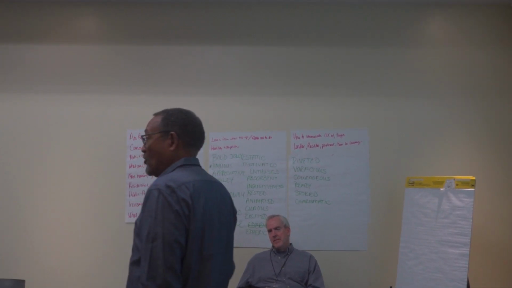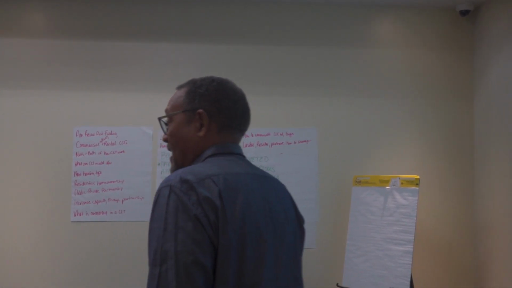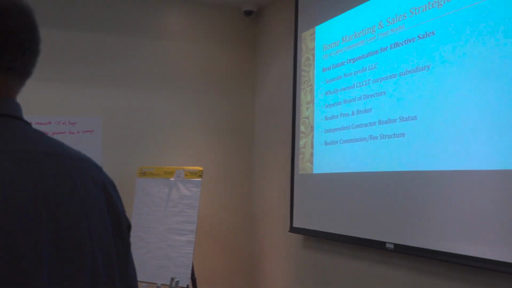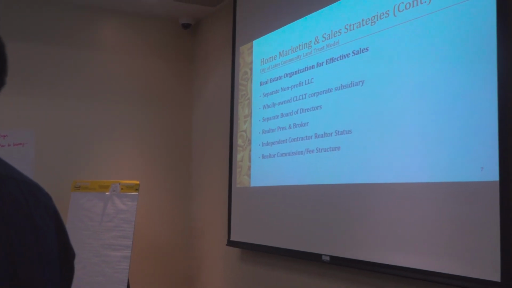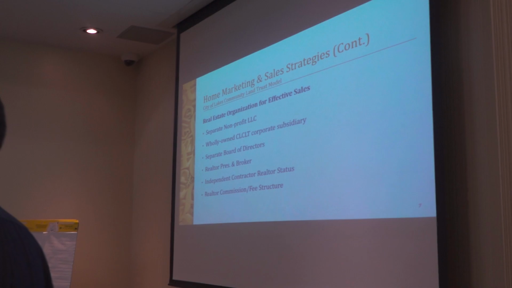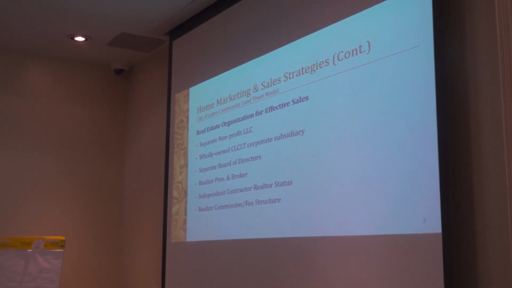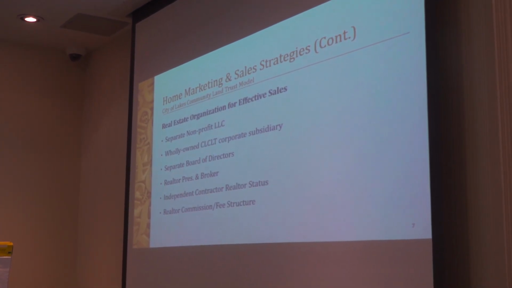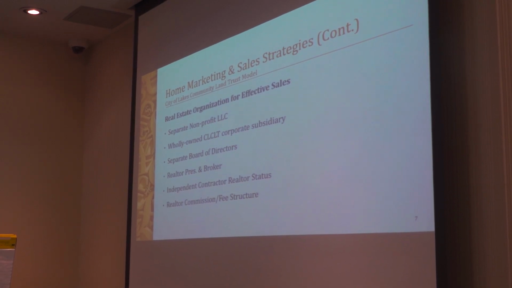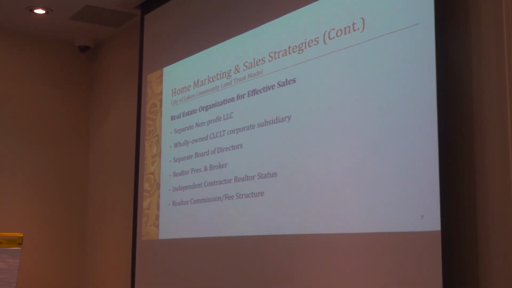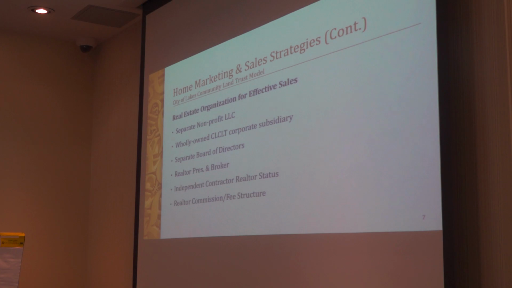So I list all of the properties of the City of Lakes Community Land Trust, and if we sell a property, there's a 50-50 split. The land trust gets 50% of the commission, I get 50% of the commission. We call those CLT direct sales.